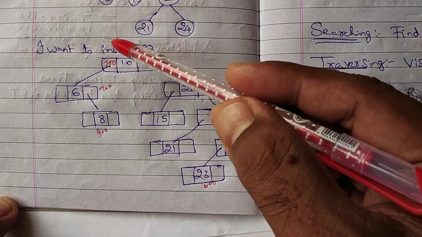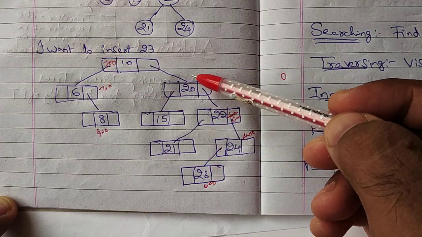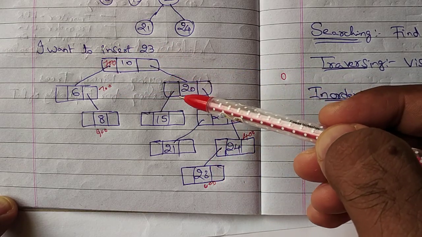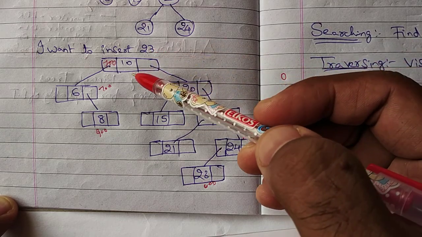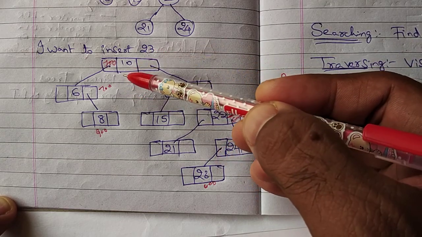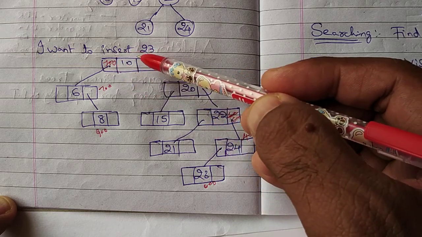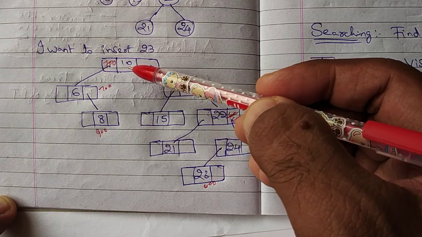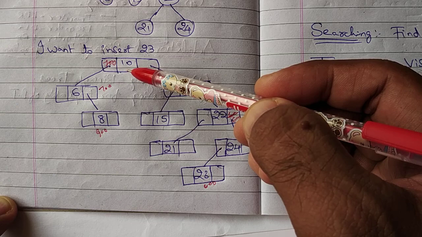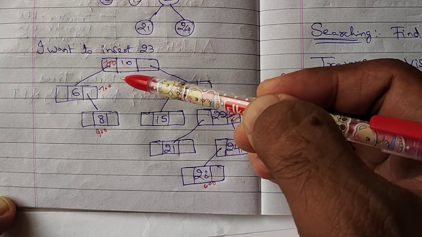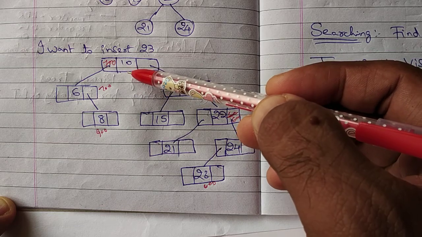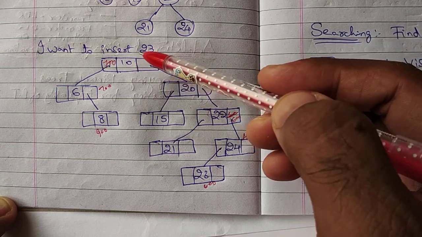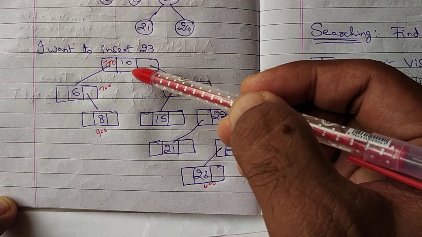I want to delete the root node, or 20, because 20 also has both children. In that case, the root node will be replaced.